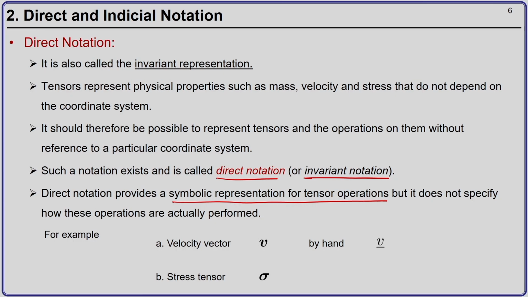Stress, for example, when typed on a computer, we put sigma, which is bold. When we are writing, the direct notation for stress will be sigma with two bars below it. We will come to why we put one bar below velocity and two bars below the stress sigma. But that is how direct notation is used.